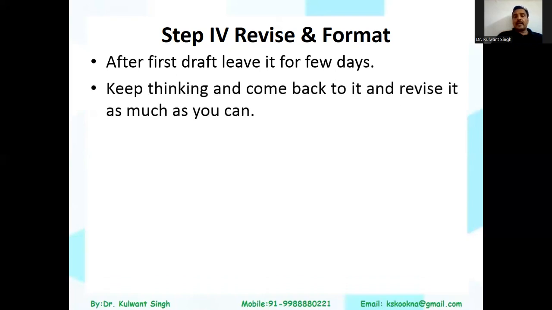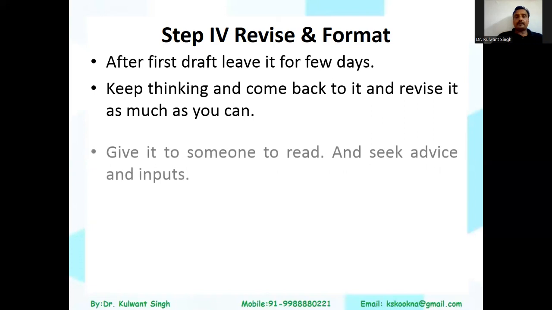Keep thinking and come back to it and revise it as much as you can. After a 2 or 3 days gap, when you read the document written by you, then you can revise, and this revision will improve the quality of your document.